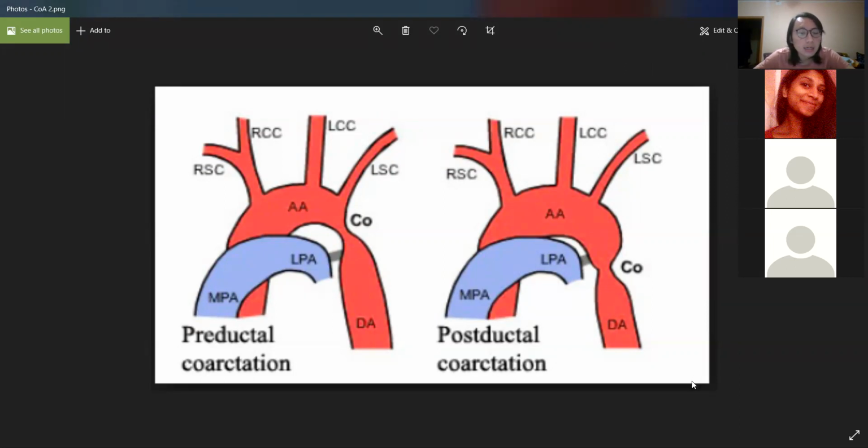Again, I said earlier on, 90% of coarctation of aorta is in reference to your ductus arteriosus, right? What is ductus arteriosus?